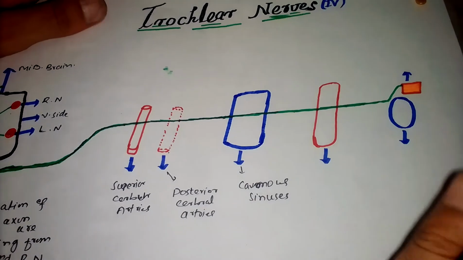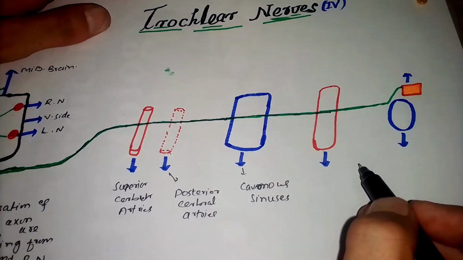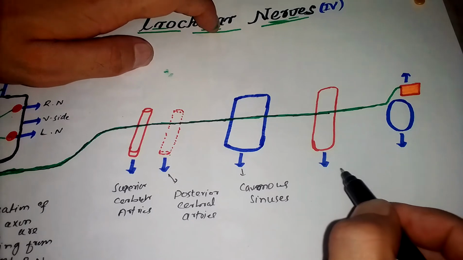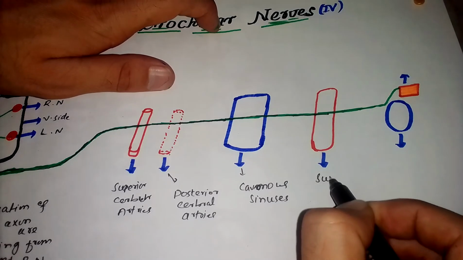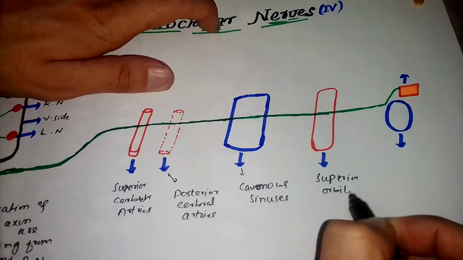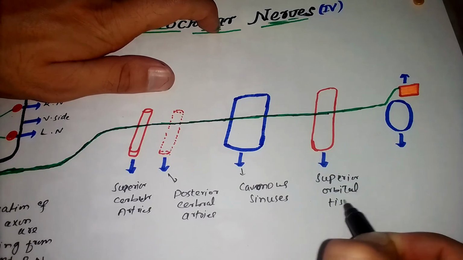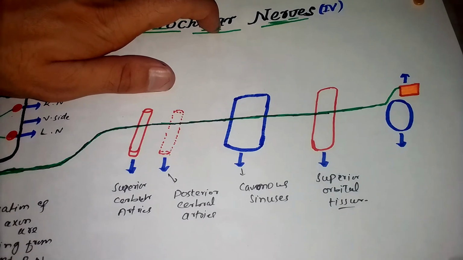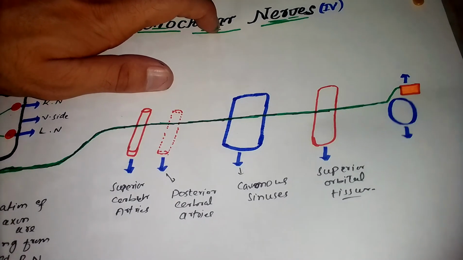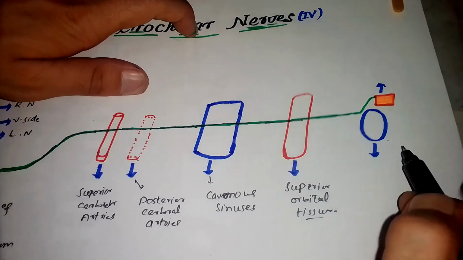Okay, this is the superior orbital fissure, but they move toward the lateral side of the superior orbital fissure. Okay, when they cross the lateral side of the superior orbital fissure, they will move toward the orbit of the eye.